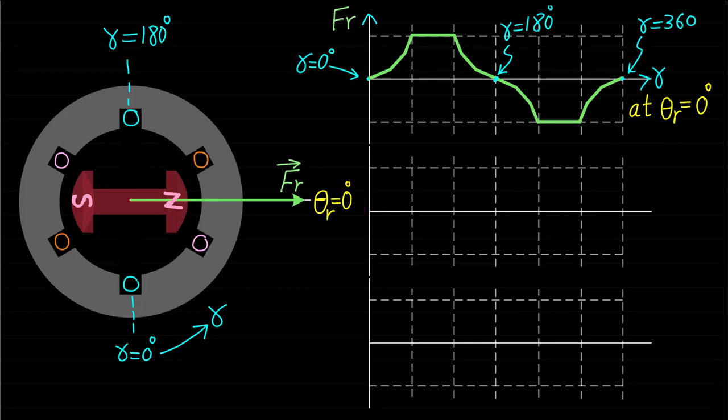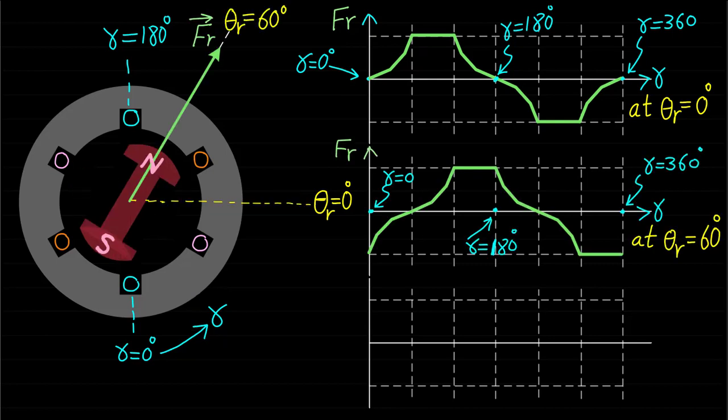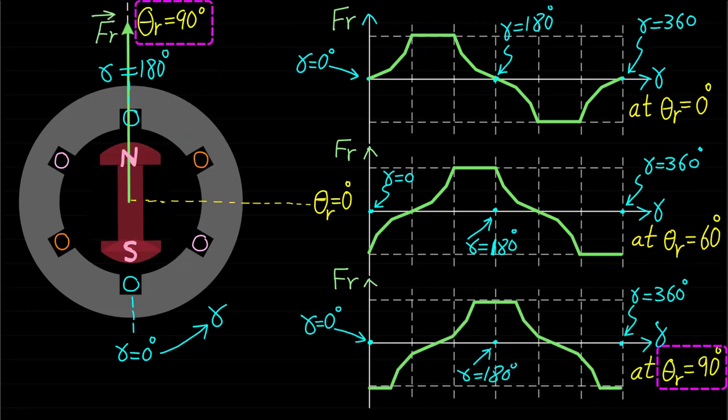The angle gamma represents the angle around the stator circumference. This waveform shows the rotor rotating magnetic field waveform Fr at theta r equal to 60 degrees. This waveform shows the rotor rotating magnetic field waveform Fr at theta r equal to 90 degrees.